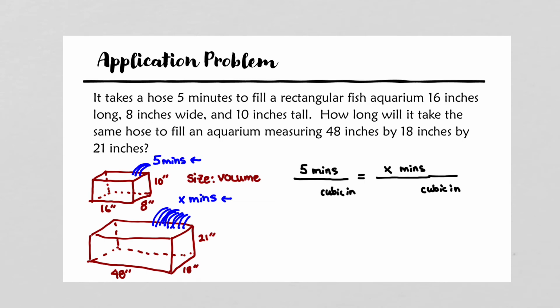We begin by calculating the volume of that first fish tank. How do we get the volume of a rectangular box or a rectangular solid? We take the length times the width times the height. So for that first fish tank, I want 16 inches times 8 inches times 10 inches.